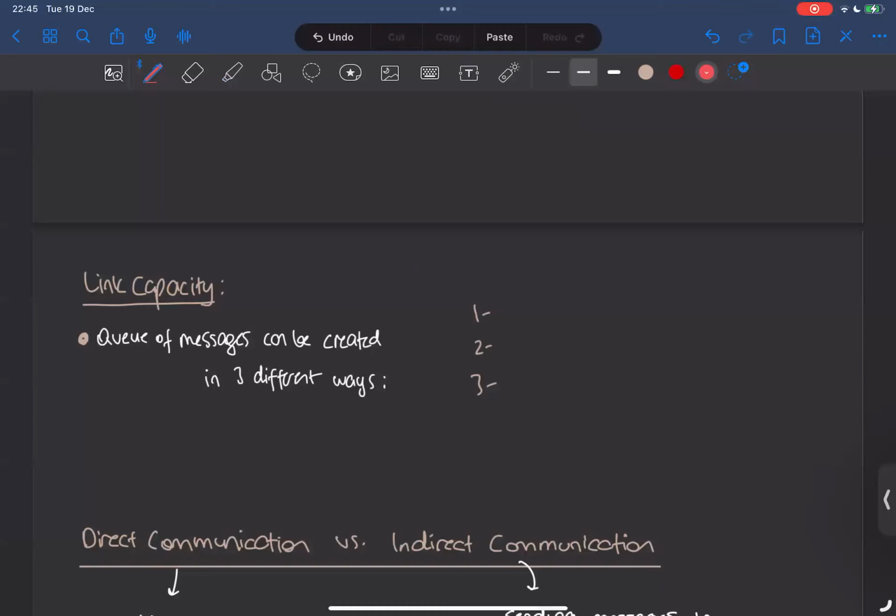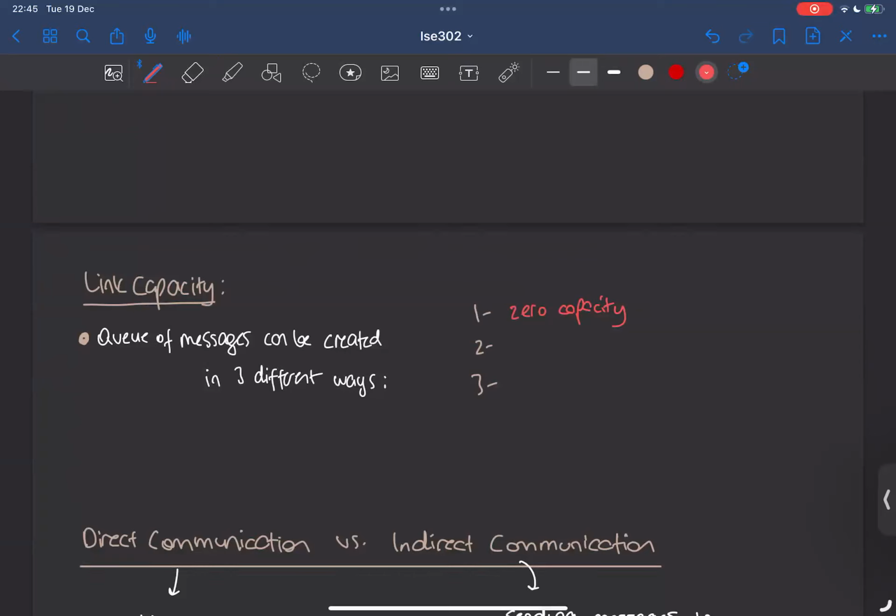So the first one is zero capacity. It's like a rendezvous-like situation. It results when there is zero capacity in the queue, meaning that no messages may be held. In this situation, the sender must wait for the receiver.